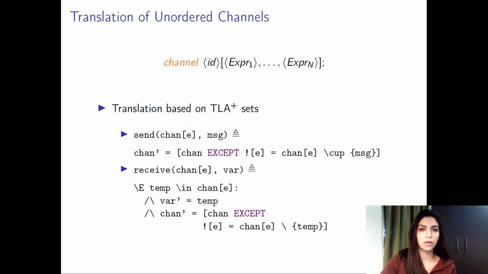If we take a look at unordered channels, we will see that they are declared using the keyword channel or channels. They are also based on TLA+ sets. So if a channel operation is invoked with an unordered channel, once it is translated to TLA+, it will be using the TLA+ set operators, as we can see here and here as well.